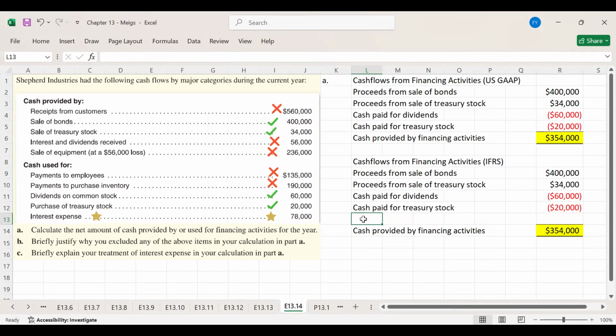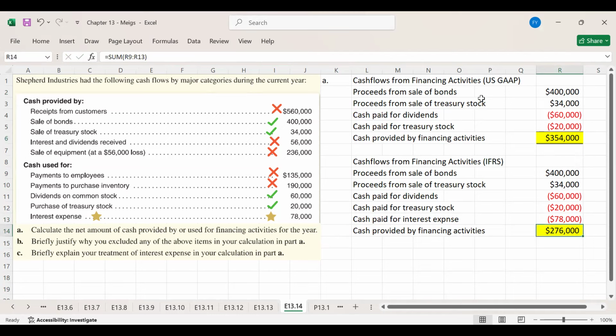So here we are going to use cash paid for interest expense. We are deducting interest expense, which is $78,000. So here you can see the cash provided by financing activities are different.